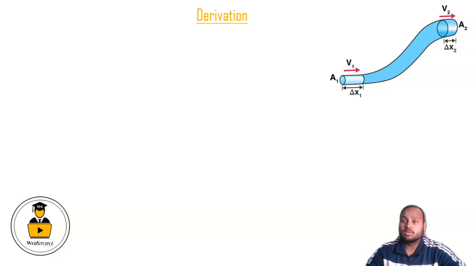So we will be observing this figure which is on the upper right side of the screen. Now we have to consider the fluid flow for a short interval of time in the tube. We will assume that short interval of time as del t.